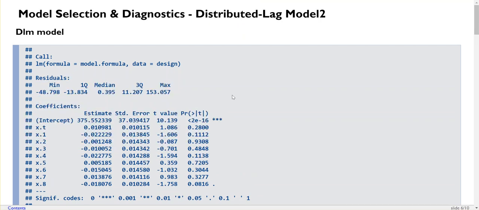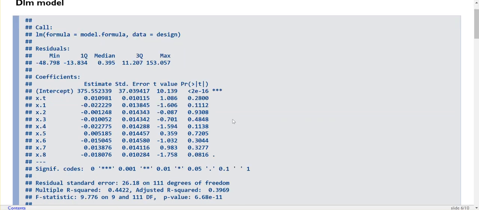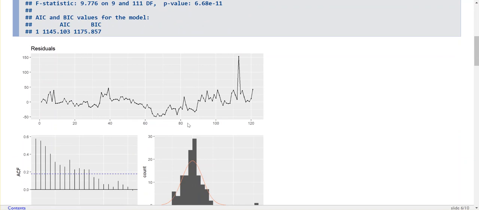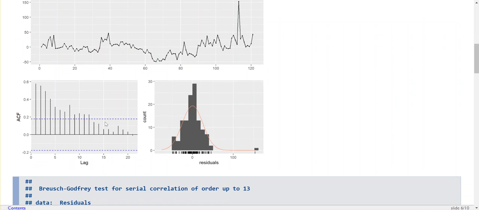The first one being DLM. You can see the intercept is significant, there's a poor adjusted R-square score, but the p-value is significant as well. When we look at the residuals of the DLM model, there's a big spike over here that looks like an outlier, but our lags are all still very significant.